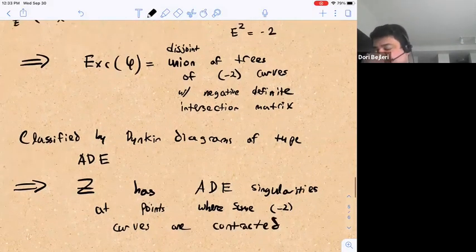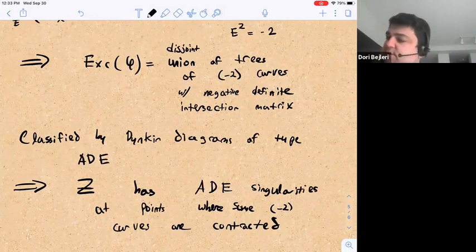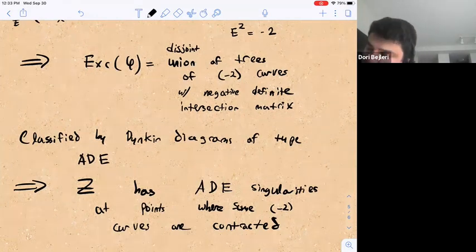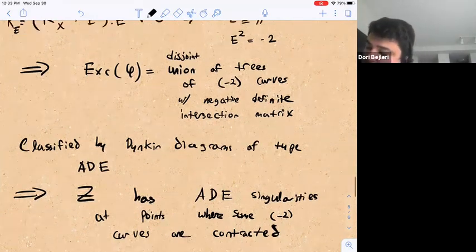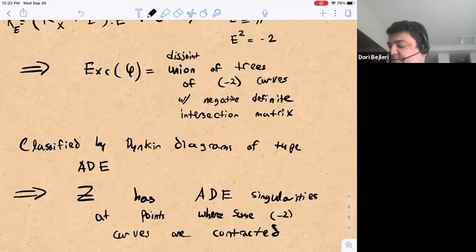So this is the first place for surfaces that we see singularities, and we see them precisely because we're now contracting minus 2 curves instead of just minus 1 curves. Okay, but they're all completely classified.